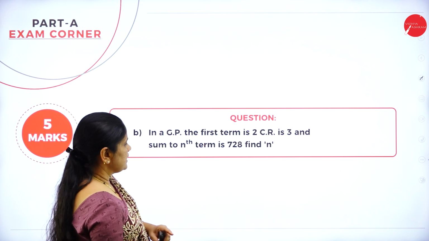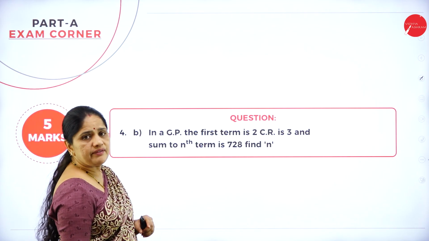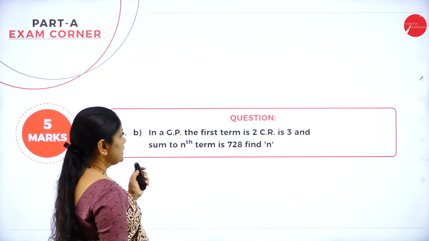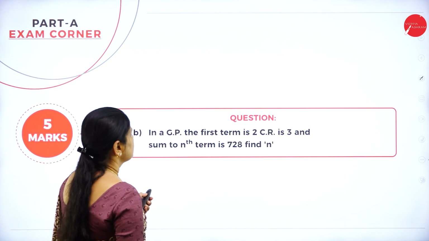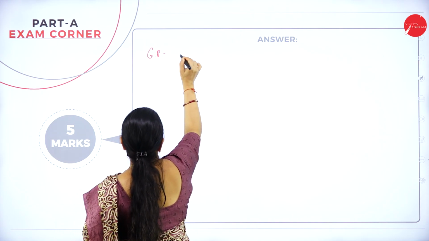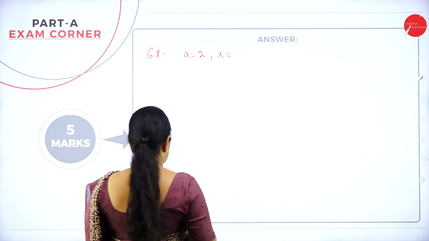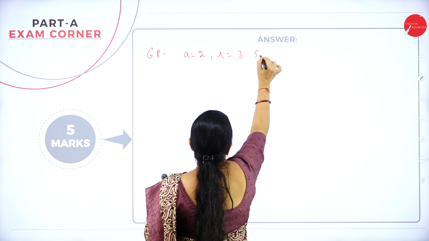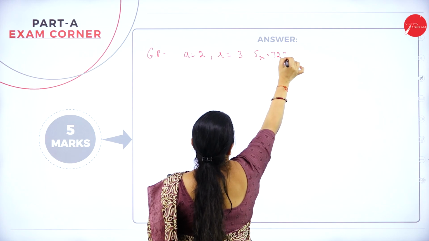In a GP, the first term is 2, the common ratio is 3, and the sum to the nth term is 728. Find n. So it is a GP and a equals 2, r equals 3, Sn equals 728.